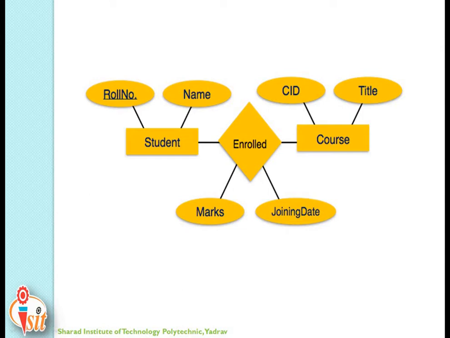The two entities are the student and the course, and the relationship depicted is the act of enrolling, connecting the two entities. Relationships are typically shown as diamonds. Here enrolled is the relationship between the entities student and course.